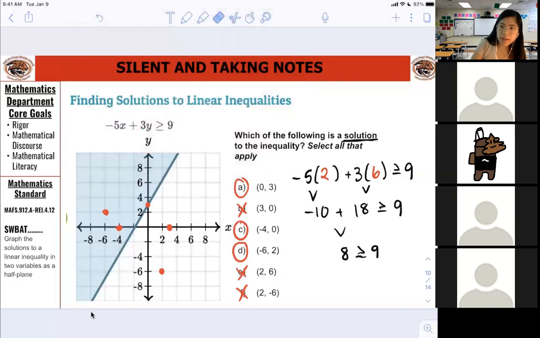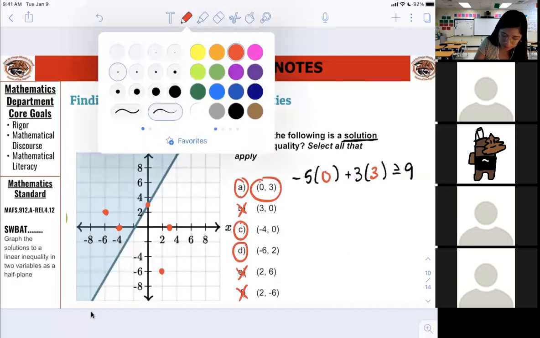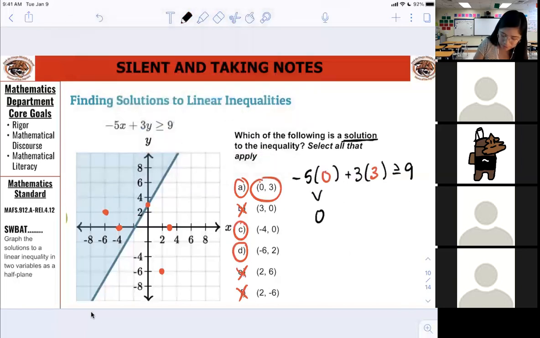All right, and then super quickly, I promise this won't take too long. I just want to show you one little thing, and this is a good problem for that. I'm just going to plug in 0, 3 really quickly. This gives me 0. This gives me 9. I get 9 greater than or equal to 9. Is that true or false?